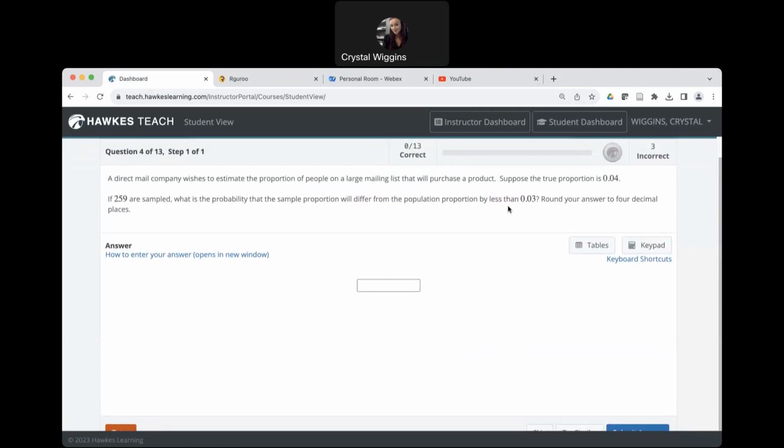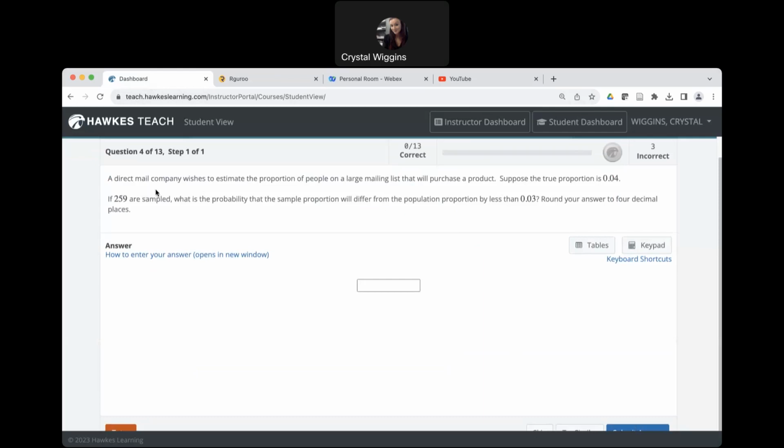So you really have to read the whole sentence in order to make sure you're selecting the correct thing in Rguroo. When it differs more than, you are exceeding the upper and lower limit, or an outside problem. And when it differs less than, you are contained between the upper and lower limits, which is a between problem.